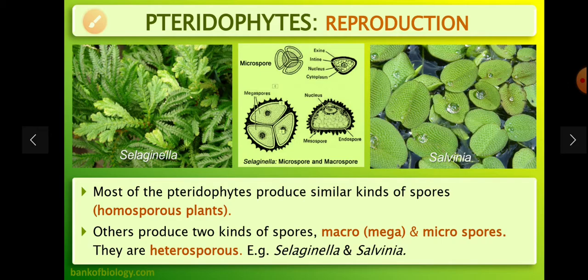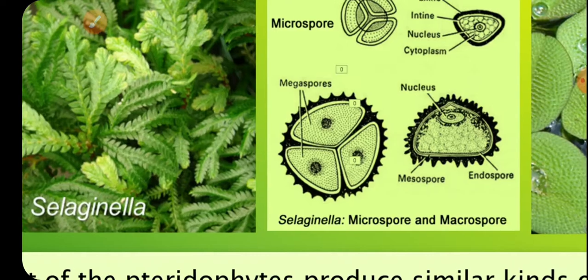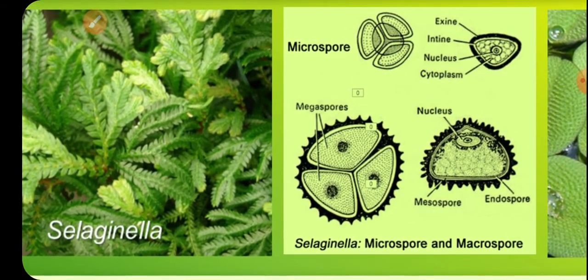Homosporous means the gametes are produced in the same plant, a bisexual plant, and heterosporous means unisexual plants.